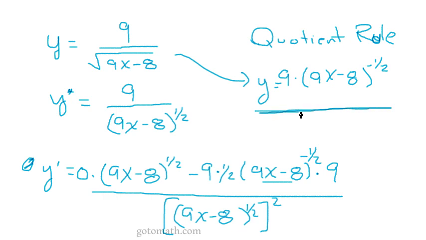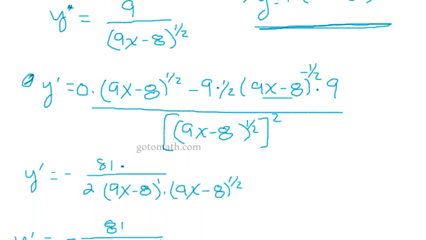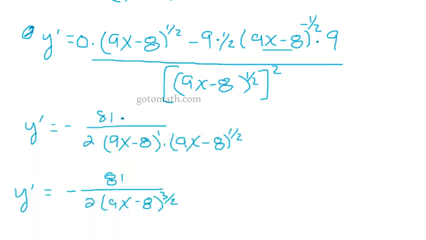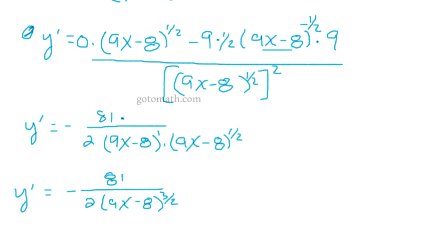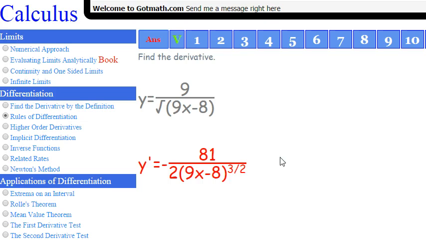So try doing this problem this way, taking the derivative of it, and seeing if you come up with that. Let's quickly see what we got there. Okay, that should be the same thing.